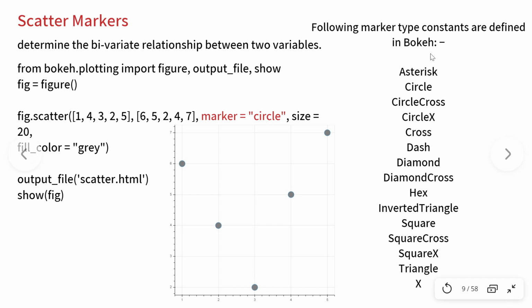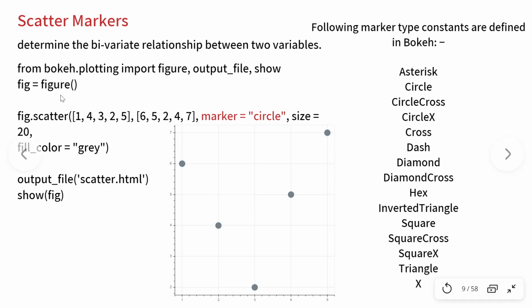There are different types of marker options that the library provides, like asterisk, circle, circle X. For example, if you see this scatter plot, it is showing you circles because here I have mentioned that I want the marker as circle. If I place diamond, or something like that, instead of circle, these circles will be changed to that particular shape. That's the feature that Bokeh provides to you, not available in the Matplotlib or the Seaborn library as such.